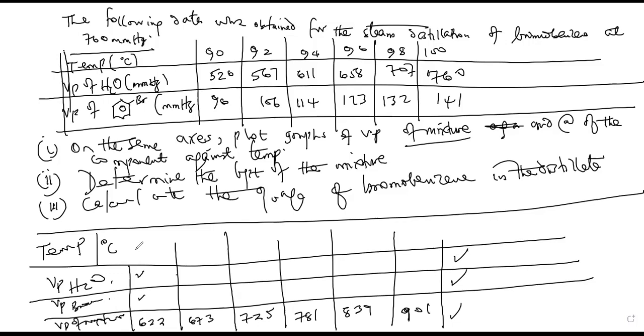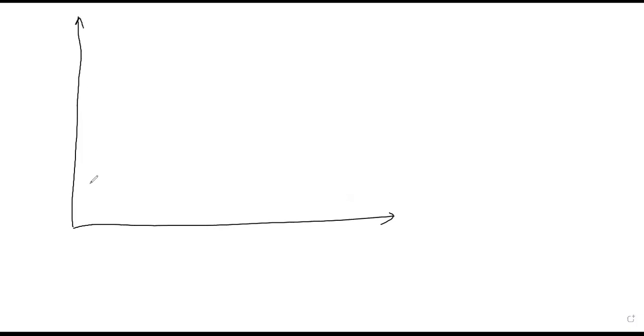So what we do, like we did in the previous one, you put a title: graph of vapor pressure of the mixture and each of the components against temperature.